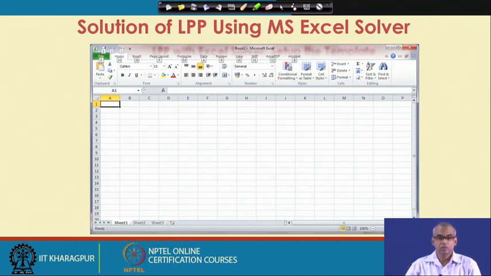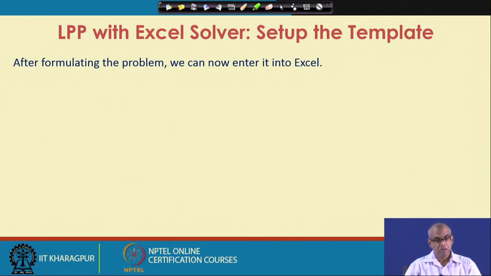So, the first task will be to launch Excel Solver, and make sure that Solver is loaded. We have seen in previous lectures how to do that. And look at these columns A, B, C, etc. Now, after you have formulated a linear programming problem, we have to enter the problem into the Excel sheet.